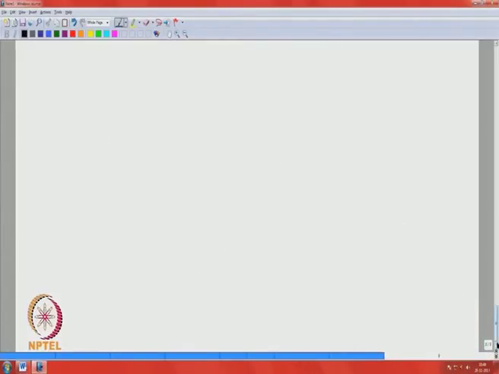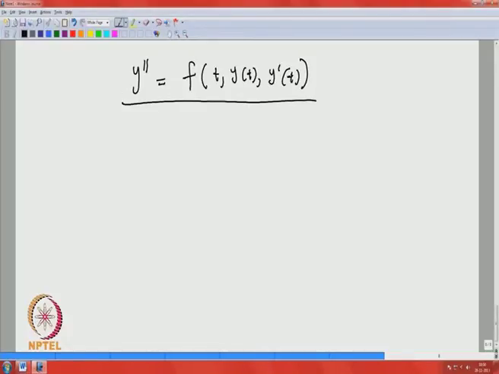If you have a second order equation in a slightly simpler form, y double prime of t equal to f of t, y of t and y prime of t, let me tell you one thing. Let me convert this differential equation into a system of differential equations, which is generally possible.